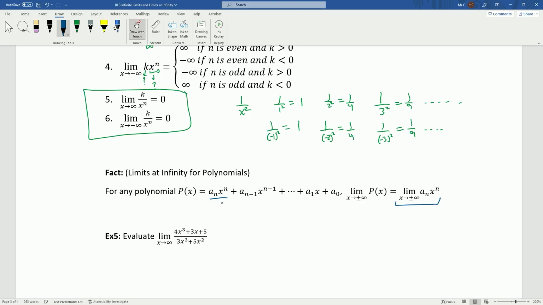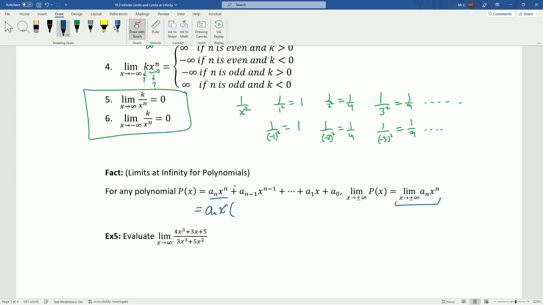Okay, that seems a little tricky, and how can we actually justify that? That should be the question. Well, it's pretty easy to justify by factoring out this a sub n times x to the n term. But it's sort of a weird factoring, because we've got to divide all of the other terms by this, right?